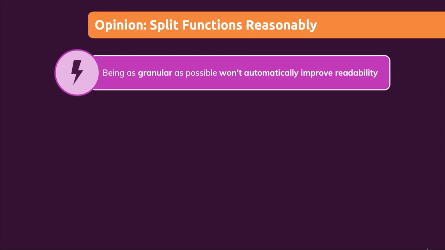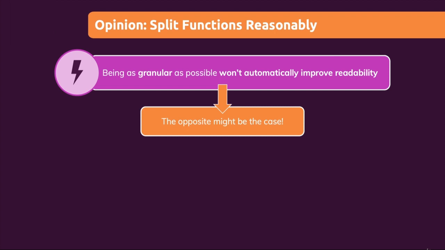You learned all these different rules and concepts, like the level of abstraction and these rules of thumb and that you should stay DRY, but just blindly following all these rules bears the danger of becoming too granular. And just because you are granular and you split your code won't automatically improve readability of your code.